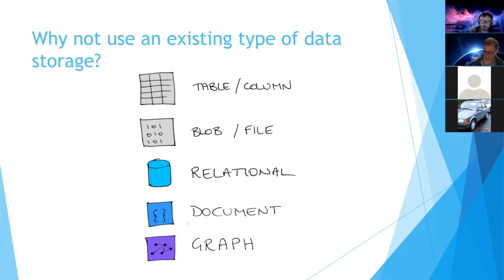Then we've got blob storage, or file storage as it would be in old money. Blob storage by itself doesn't make a data lake, although it's an important part of it, because blob storage is really cheap. It's just: here's a key, put some binary there.